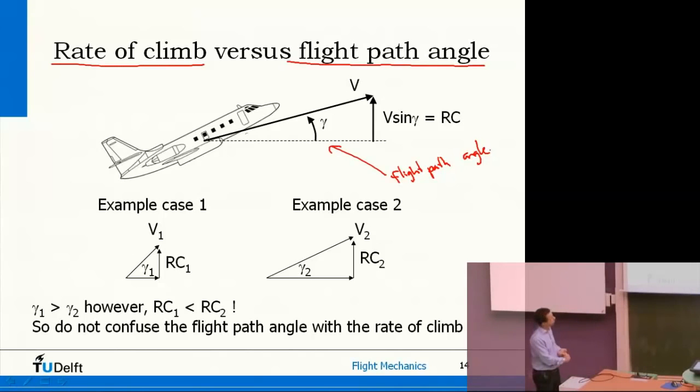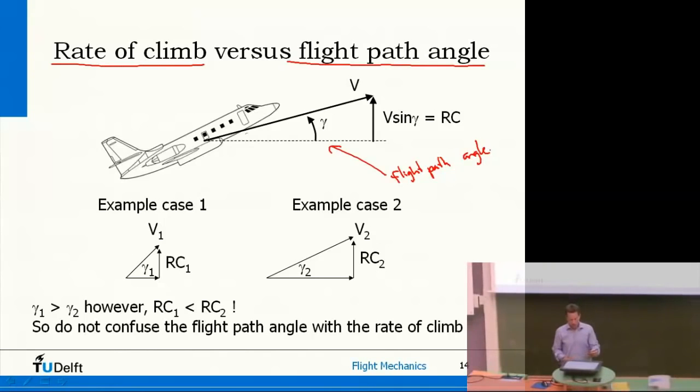You need power, and it depends on the aerodynamics. So you can imagine that, let's say we're in case number 1, at a certain airspeed where you have a certain lift coefficient, so certain aerodynamics, you can actually climb pretty steeply at a fairly low airspeed.